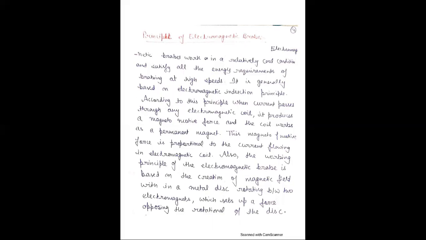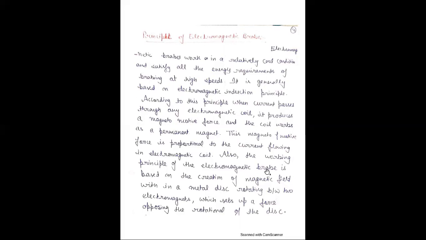The magnetic field is generated when a current passes through an electromagnetic coil. Then it produces a magnetic force, and the coil works as a permanent magnet, because there is a generation of a magnetic field, and that magnetic force is proportional to the current flowing in the electromagnetic coil.